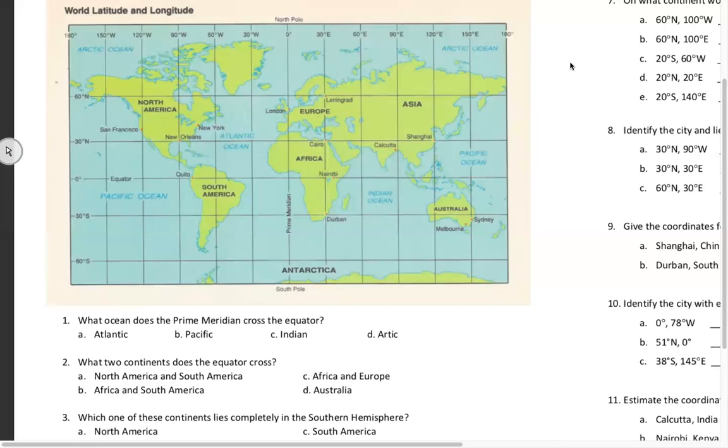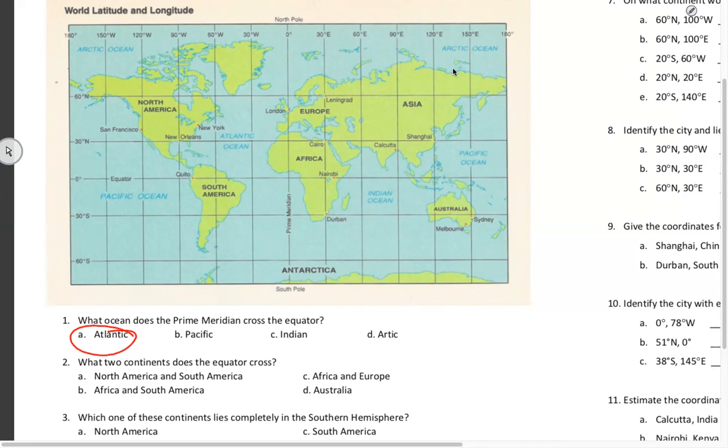Atlantic Ocean. Very good. And like I said, 0 degrees, 0 degrees is my origin. So you can see already the comparison to the coordinate plane, right?